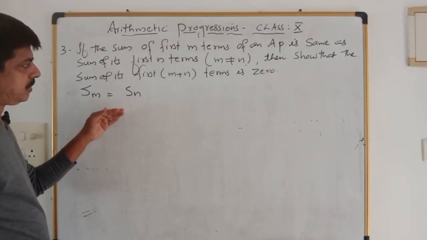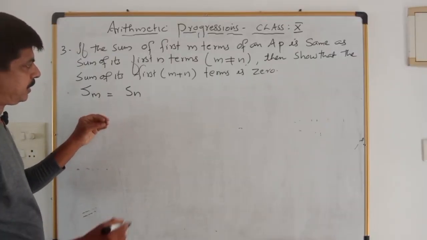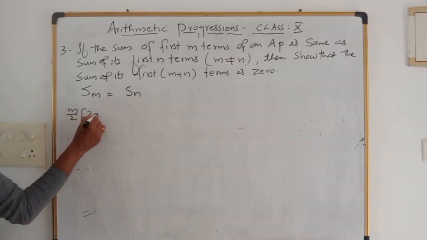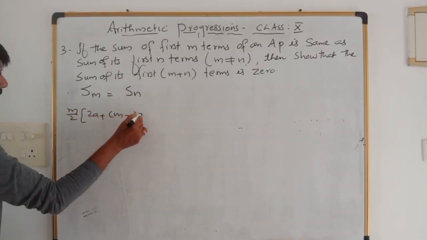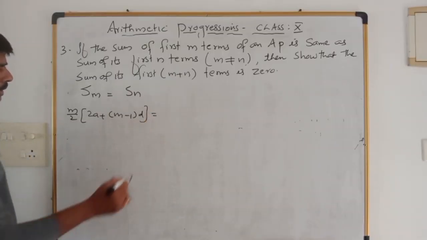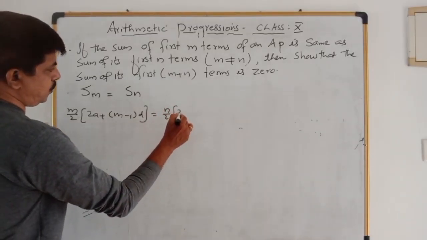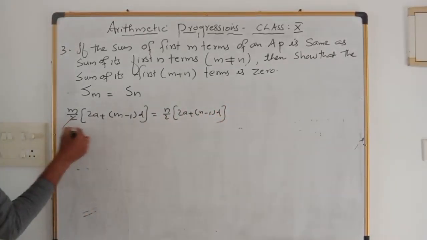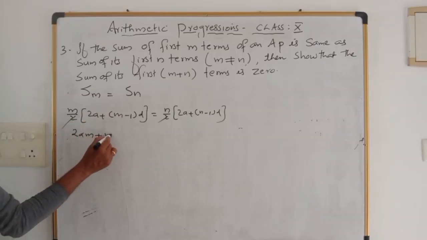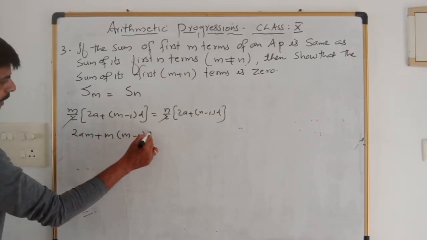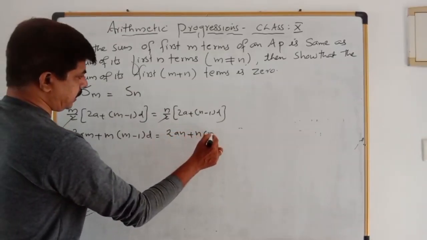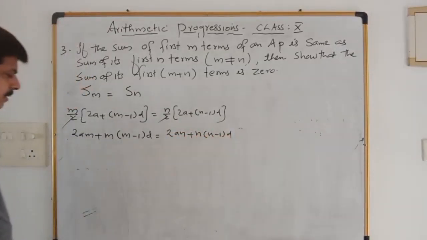From this equation, Sm = m by 2 (2a plus (m minus 1)d) is equal to Sn = n by 2 (2a plus (n minus 1)d). Both sides 2 we can cancel. So 2am plus, open the bracket, m into (m minus 1)d. Similarly here, n into (n minus 1)d.